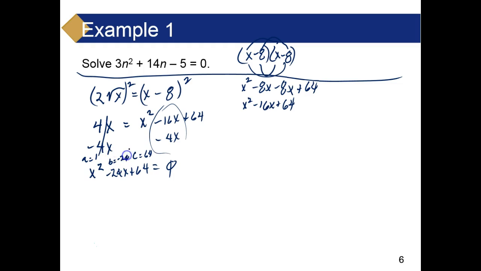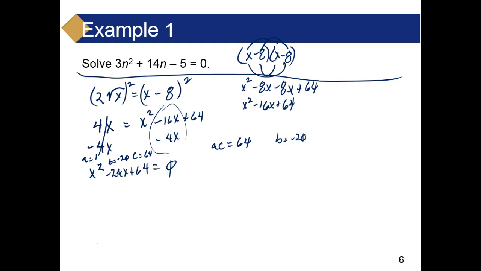And what's your B? Negative 20. All right. So we want two numbers that'll multiply to be what AC is. And what is AC? It's 1 times 64, which is 64. Okay, we want two numbers that multiply to be 64, but add to be negative 20.